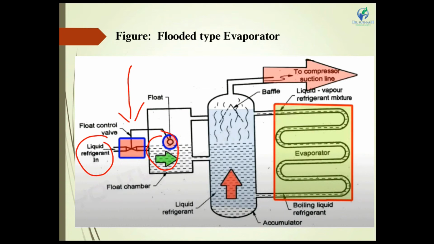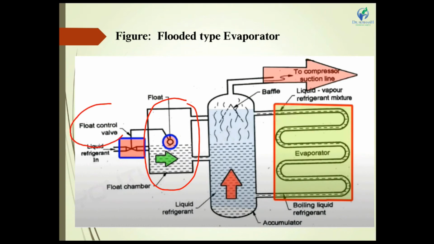After throttling, the liquid refrigerant is partially converted into vapor form, so this chamber maintains a constant liquid level via the float control valve. Ninety percent or more is liquid refrigerant, and about 10% is converted to vapor during the throttling process.